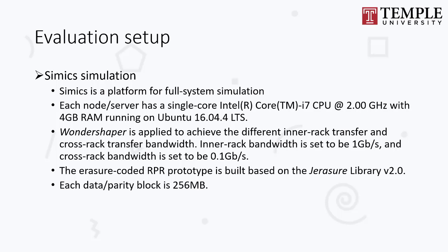In our experiments, a shaper is applied to achieve different inner-rack transfer and cross-rack transfer bandwidth. The erasure coded RPR prototype is built based on the Erasure library v2.0, and each data or parity block is 256 megabytes.